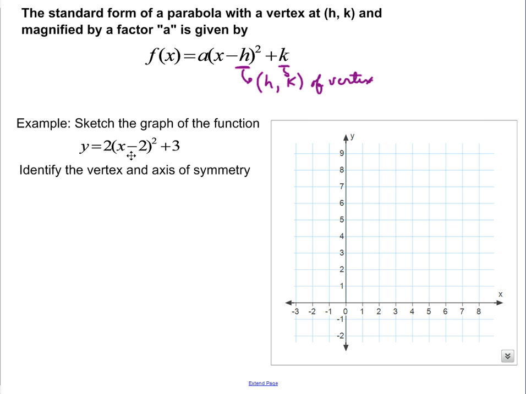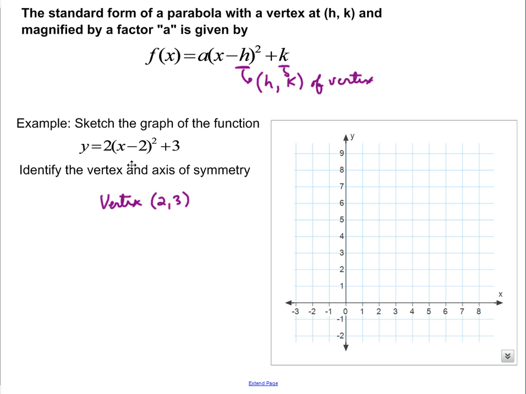We say sketch the graph of the function y = 2(x - 2)^2 + 3. Well, right away, noting the location of the vertex is easy. Our vertex must be located, according to this formula, at the point (2, 3).